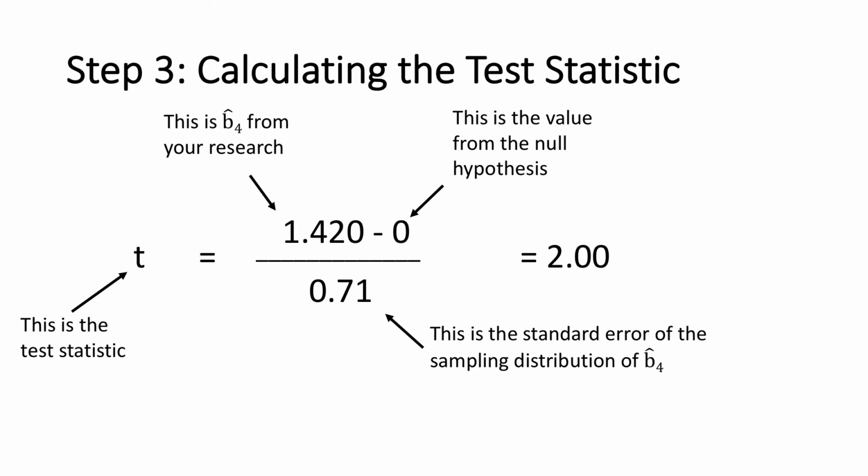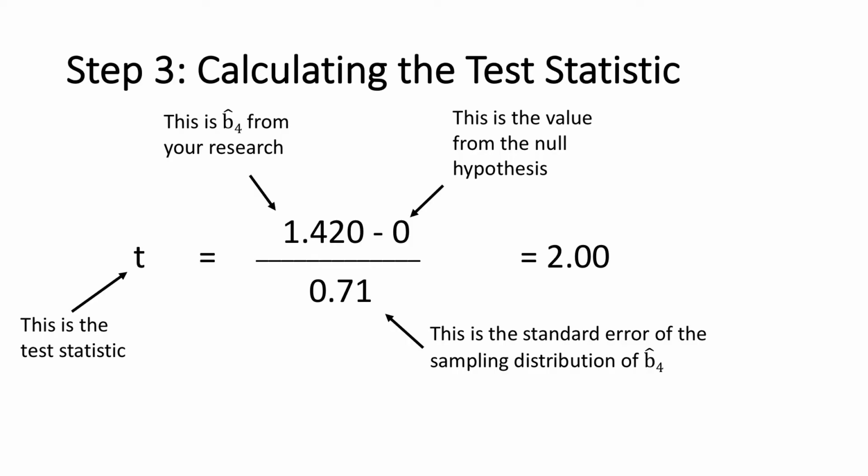So let's say I collected data on 40 students, and I ran a regression or estimated some regression results, and found a value for B4 hat as 1.420. That would be interpreted as, for every additional day of attendance, your test score might go up by 1.42 percentage points. You subtract from that the value from the null hypothesis, which was 0.